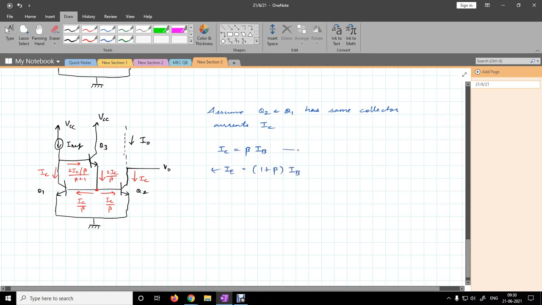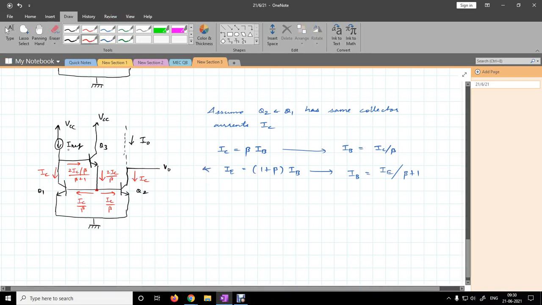So from this I can write base current as IC by beta. Here base current becomes IE by beta plus 1. Okay. So this is the idea here.